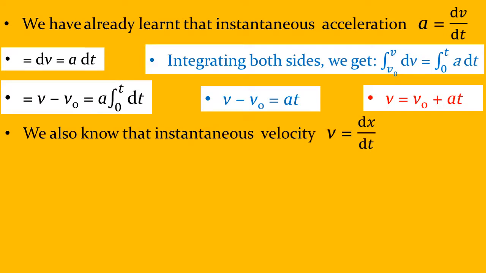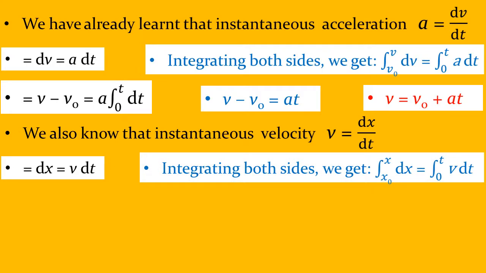We also know that the instantaneous velocity v is equal to dx by dt, derivative of x with respect to time t. Now, I can write that as dx is equal to v dt. Now, integrate both sides. I get integral of dx between limits x0 and x is equal to integral of v dt between limits 0 and time t.